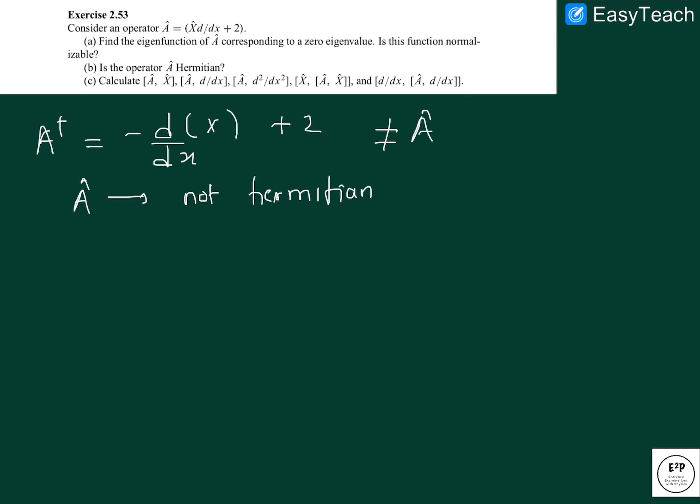Alright, now we have to calculate question C, which asks to calculate certain commutators, a and x, a and d by dx. So these are certain commutators that we are going to calculate. I will not record every step of this, but I will certainly put the solution of this in the coming pages.